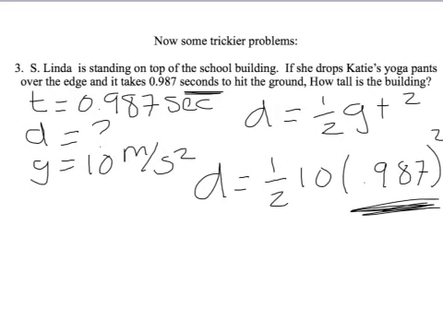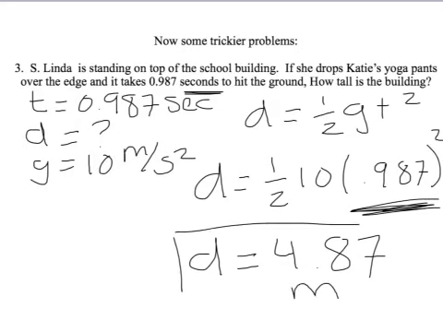And I'm going to multiply that by 10, and that gives me 9.74. And I'm going to divide by 2. And so the distance would be equal to 4.87. And since I'm looking for distance, the unit is meters.